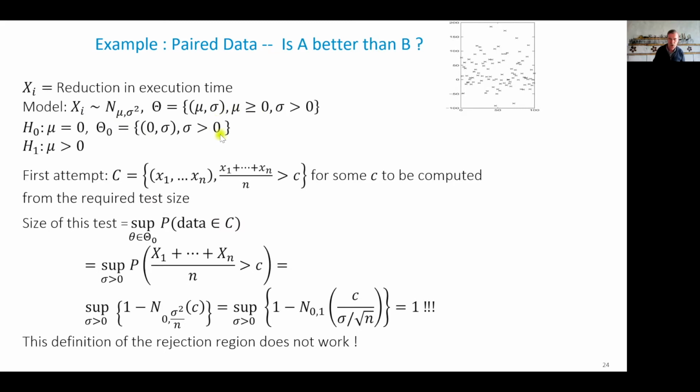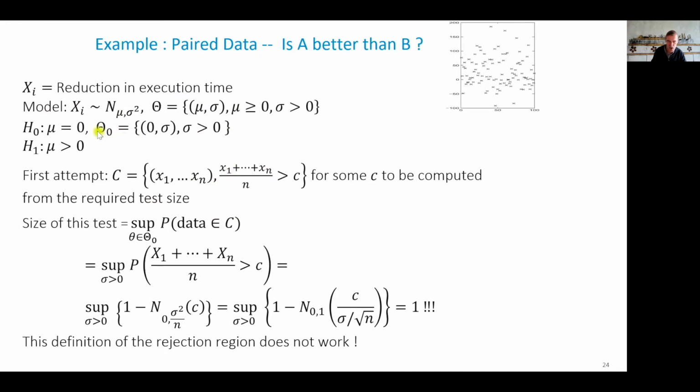Here I'm using intuition. I'm saying, well, all I have is my data. I have my sequence of data points, X. I want to say, is it plausible that the X comes from a model with mu equals 0 or is positive? Then the idea is, well, if I want to reject H0, it is probably because in average, the X is positive here.